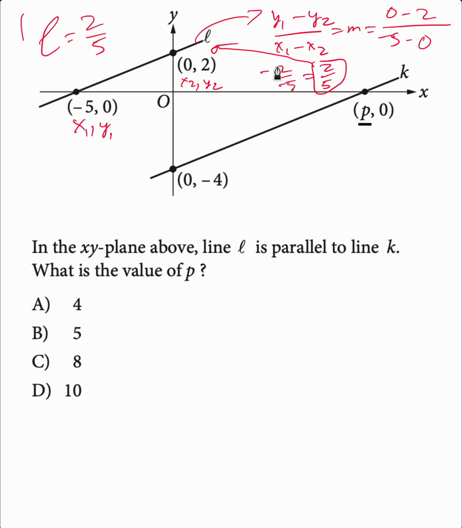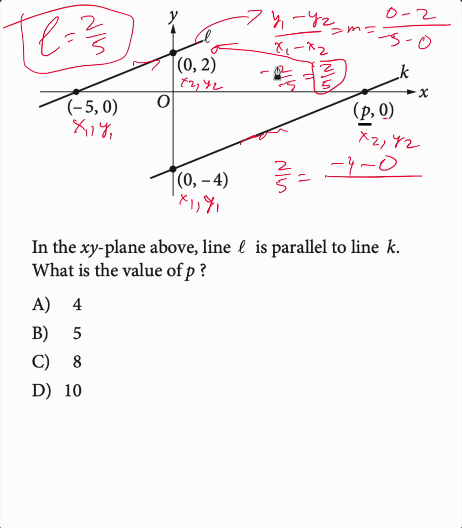All right, so now that we have this, we plug it back in here. We know that this line right here is parallel to that line, so its slope is 2 over 5. Same thing: we call this X1, Y1, X2, Y2. So Y1 is -4, minus Y2, which is 0.